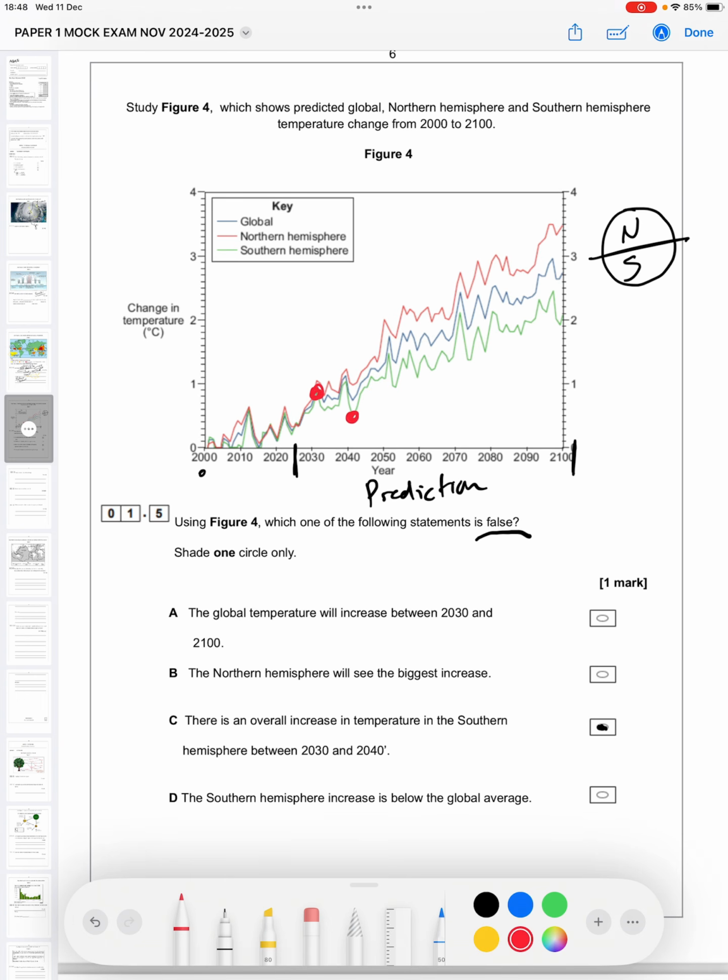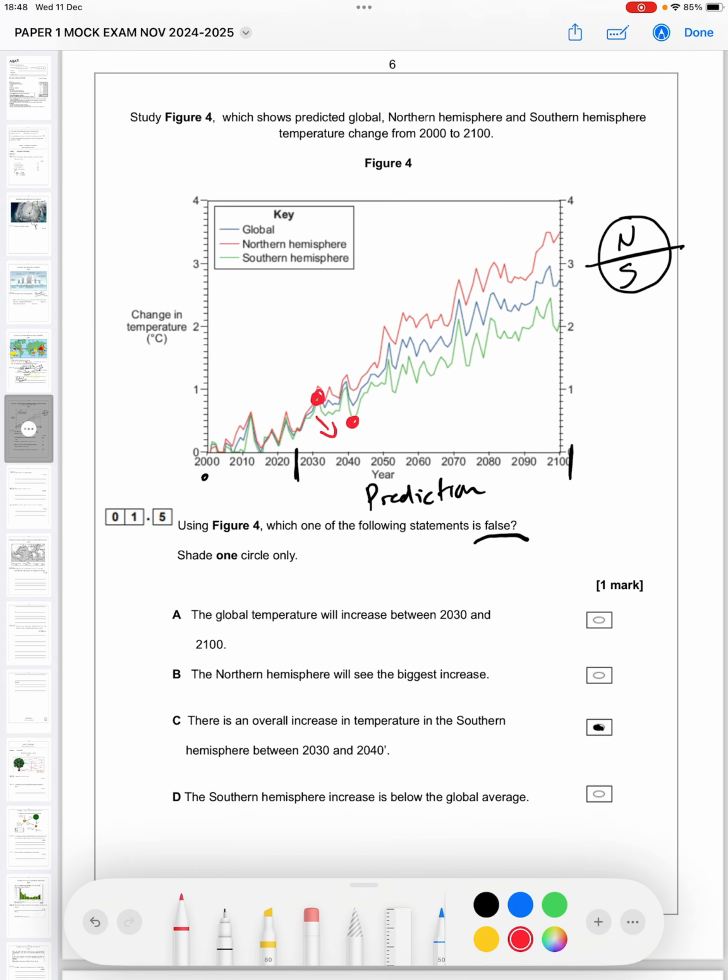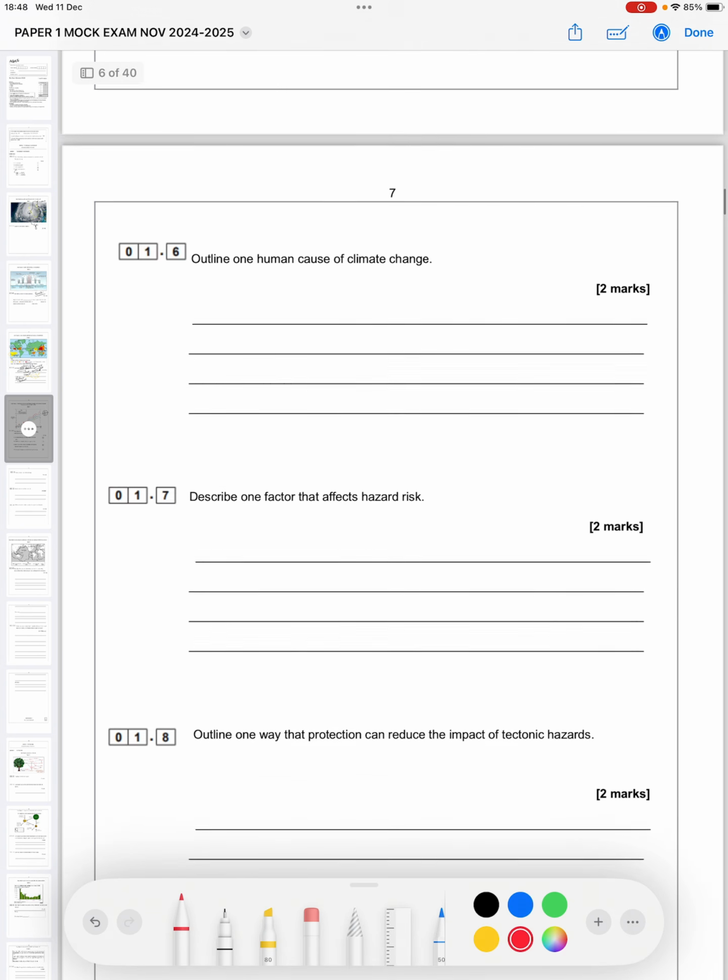Okay, so it actually does go down. Now I'm not a big fan of the question because it's not really that clear, but again, you do get unclear questions in exams, so break them up, take your time with them. So yeah, there you go, that's that one.